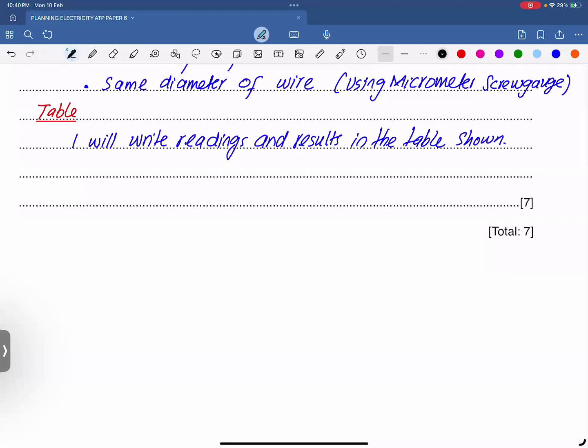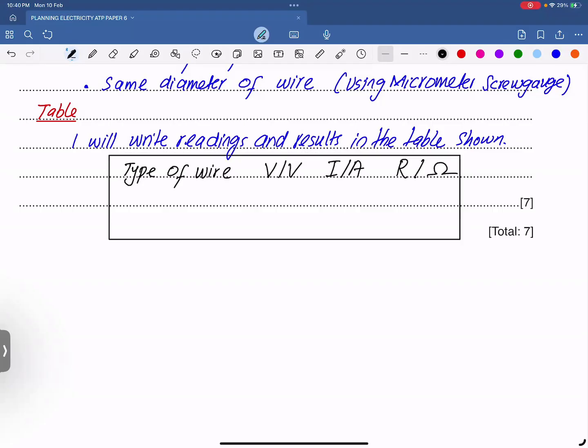As you are investigating the type of wire material, you are measuring the voltage V, you are measuring the current I, and you are calculating the resistance R. You will make an empty table without filling anything. If they ask you to give suitable names of metals, you can give them, like copper, aluminum wire, steel wire. But they did not ask, so no need to say. So with this, you got the table.